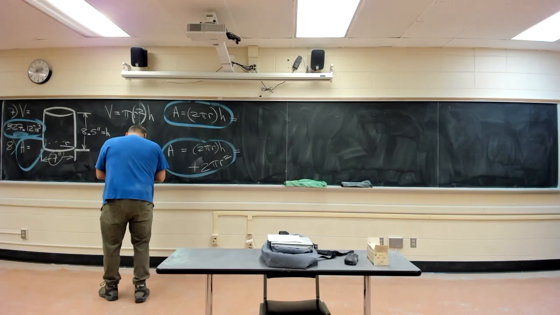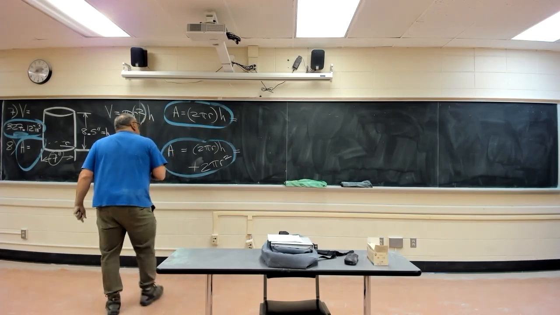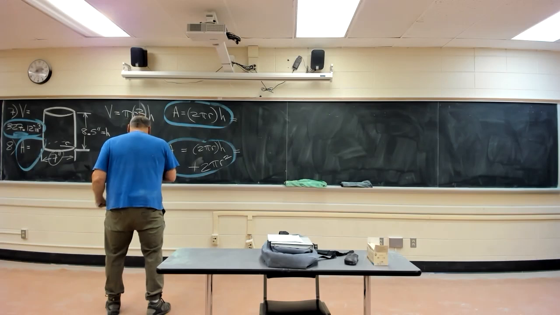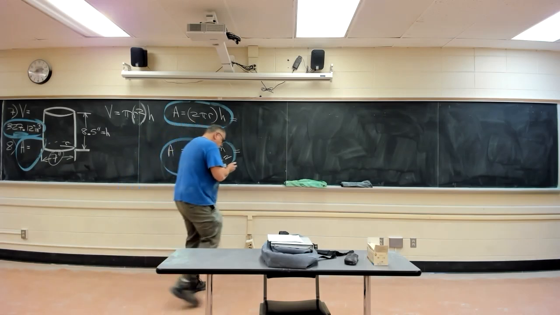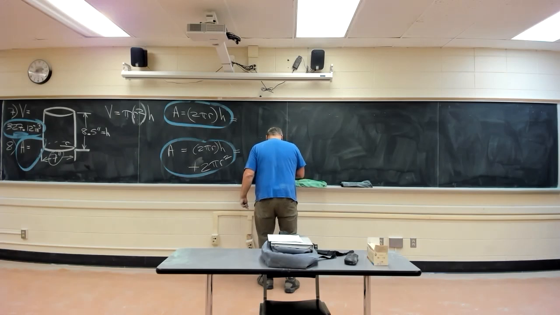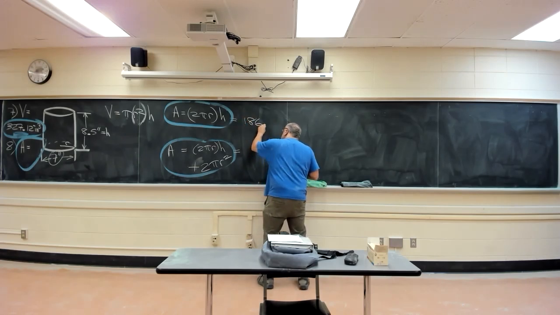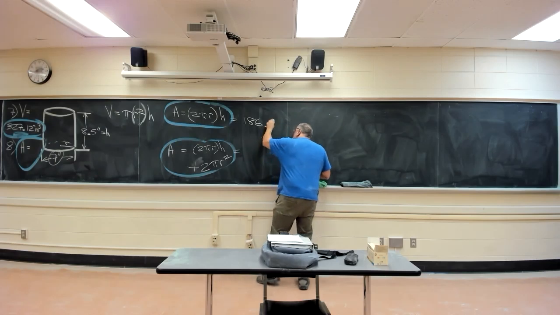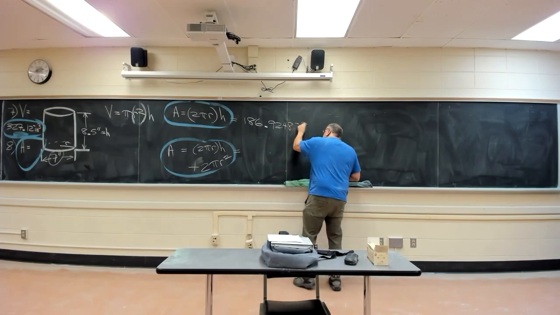And there it is. 2 times pi times 3.5 times 8.5 for the height. $186.9248. That's square inches. Well, okay.